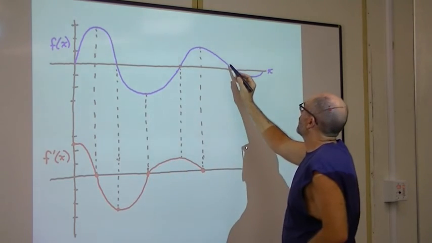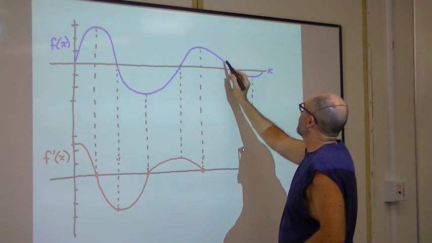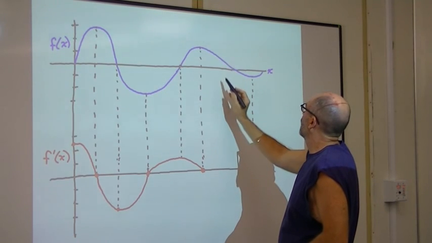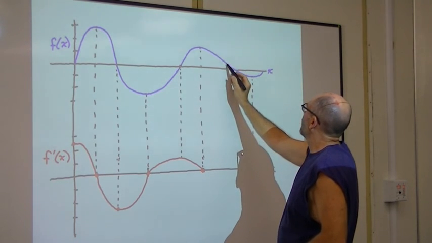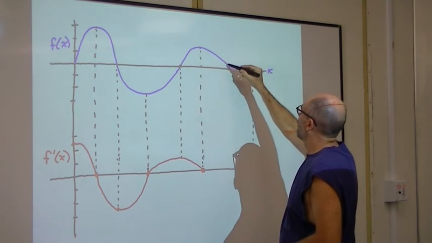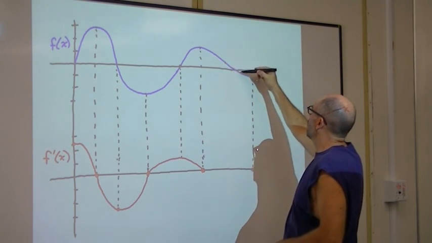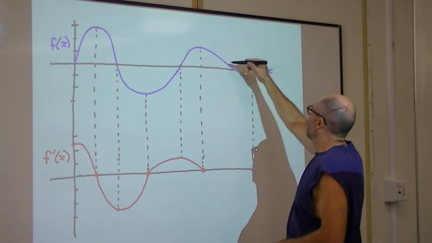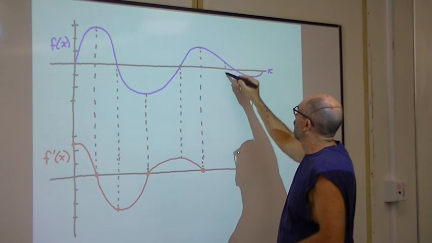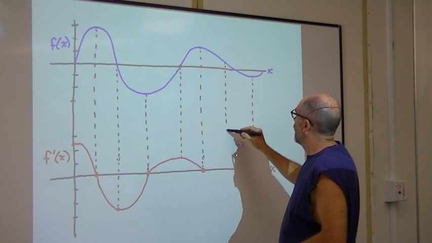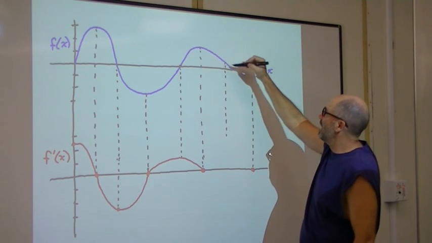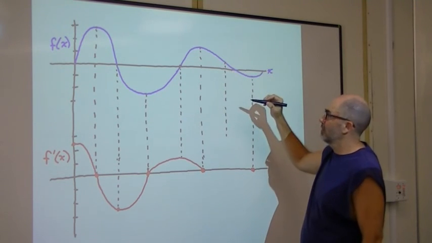The steepest downhill, it's getting steeper and steeper until right about here. Let's see. Yeah, right about there. That's about as steep downhill as it's getting. And then it's still going downhill, but it's getting shallower and shallower. Now, what is this slope? It looks like about -2/3.